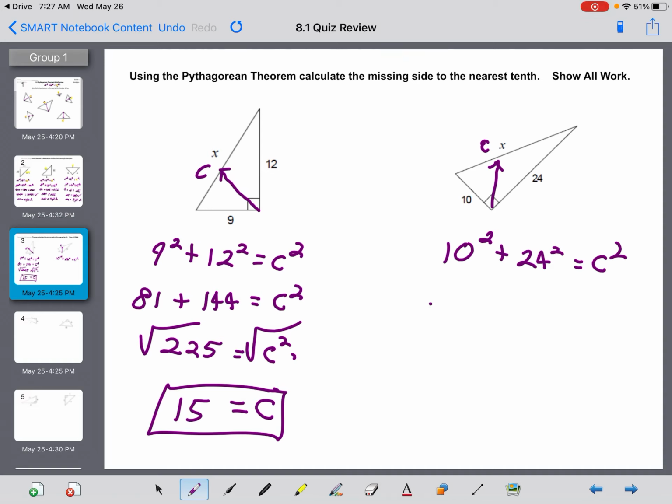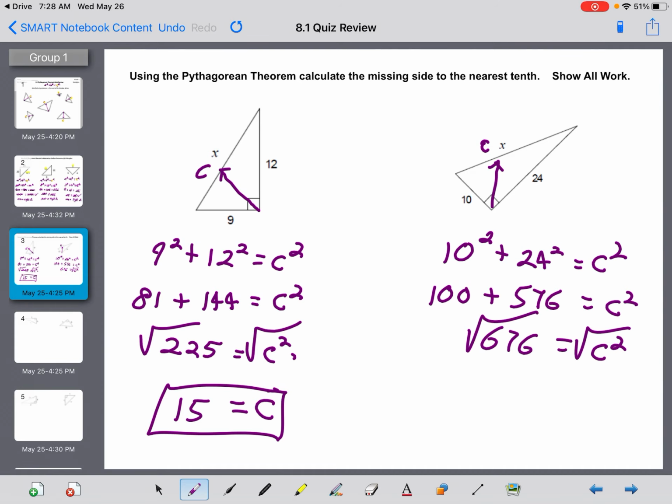On the right-hand side, 10 squared is 100. 24 squared is 576. If you add those together, we get 676 equals C squared, and then take the square root. The square root of 676 is 26.